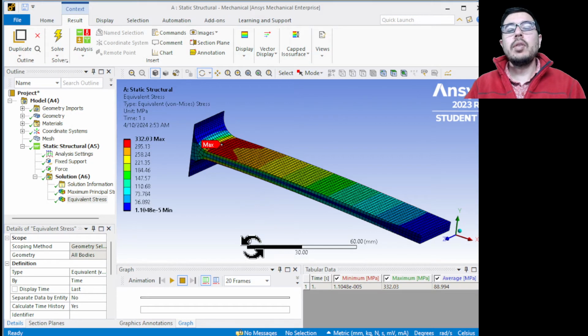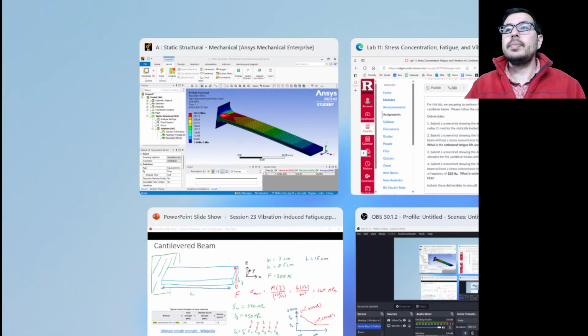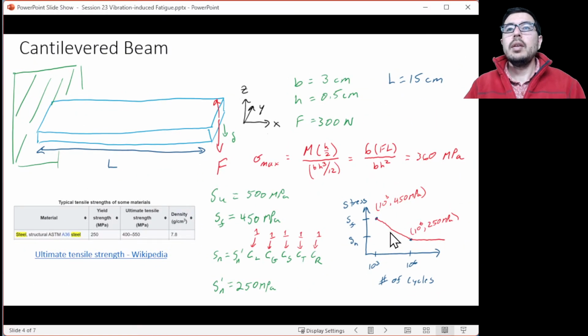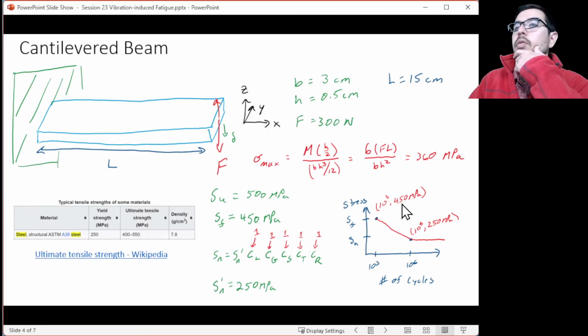Well, let's look at it analytically first. If we go over to this slide, we said we had 360 megapascals. And we also see that we have an SN curve going from 450 down to 250, from 1,000 to 1 million cycles.